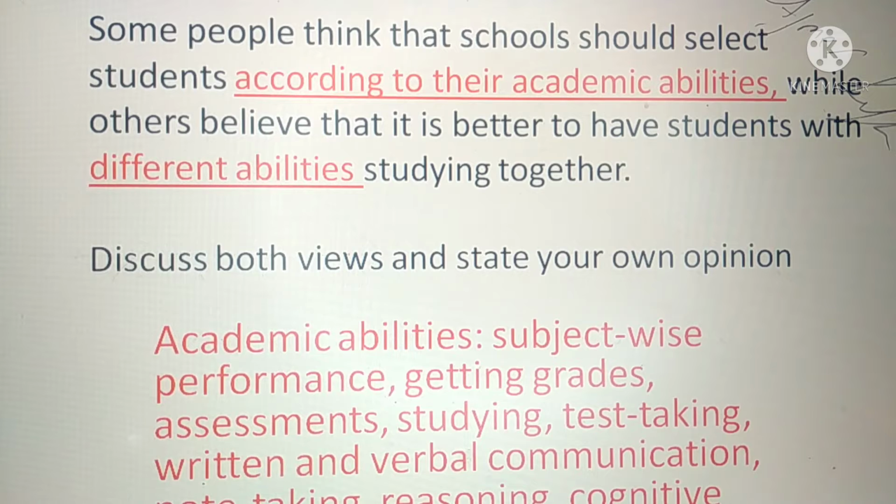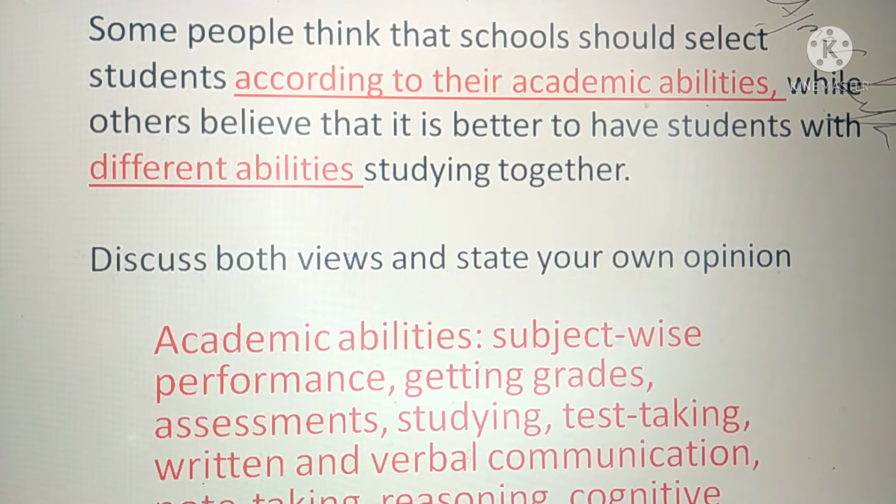Now I have underlined and highlighted the words "according to their academic abilities". It means schools should select students according to their academic abilities or on the basis of different abilities. Now this is a confusing statement. Why?